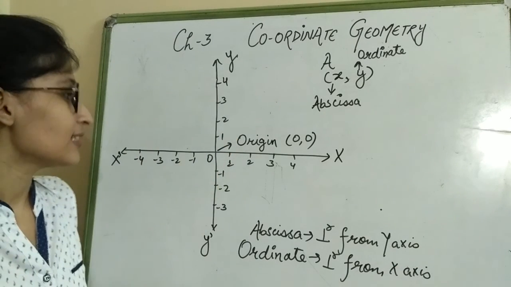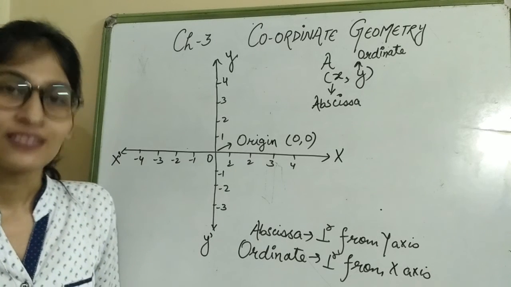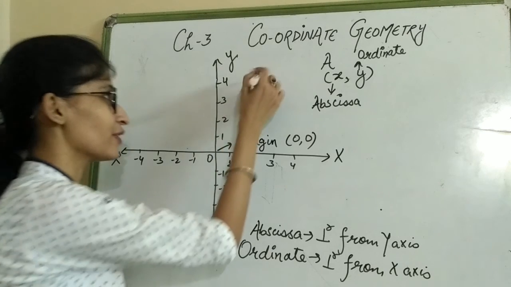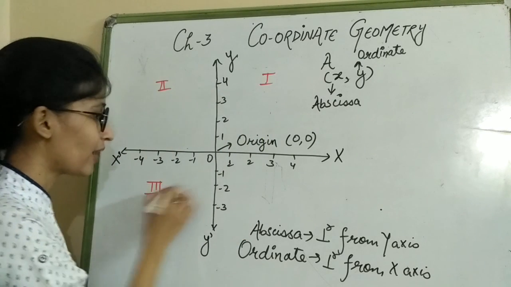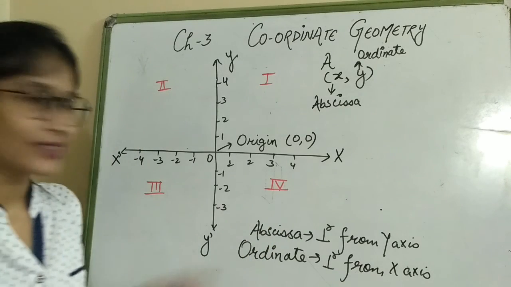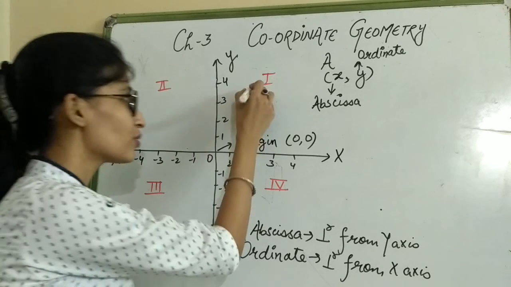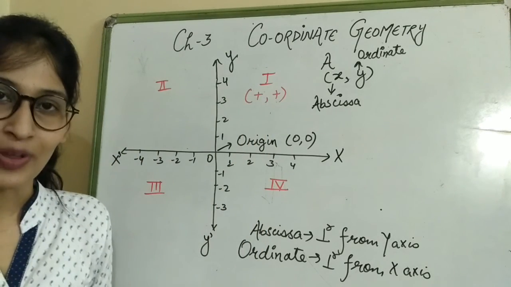Next, as you can see, these coordinate axis has divided the plane into 4 parts. These 4 parts are named as quadrants. This is my first quadrant, second quadrant, third quadrant and fourth quadrant. In the first quadrant, my x-axis is positive as well as y-axis. So both the coordinates lying in the first quadrant will be positive.